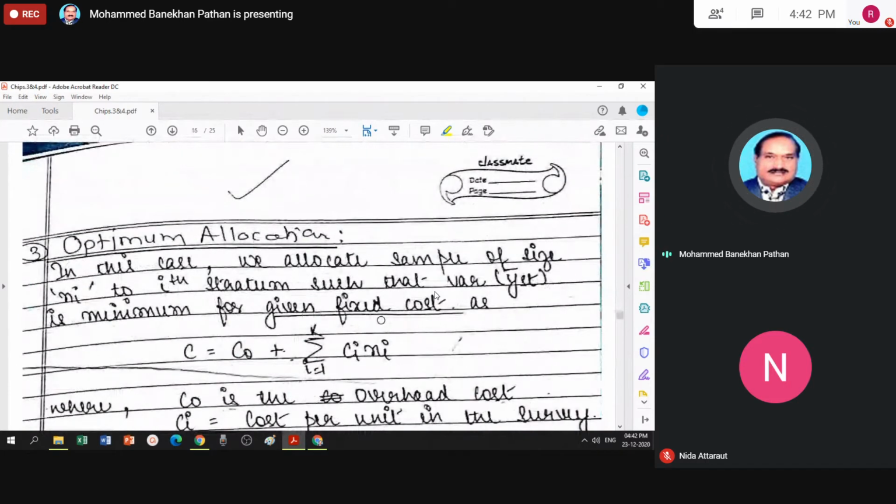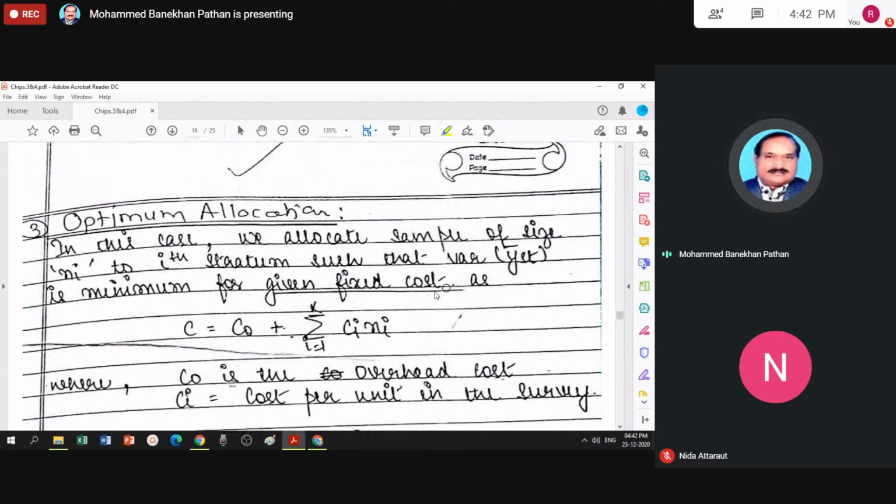I stopped my class by saying that optimum allocation is used to decide the value of ni. Now see what the optimum allocation says. In this case, we allocate sample size ni to the ith group, known as a stratum, such that variance of y bar st is minimum for given fixed cost.